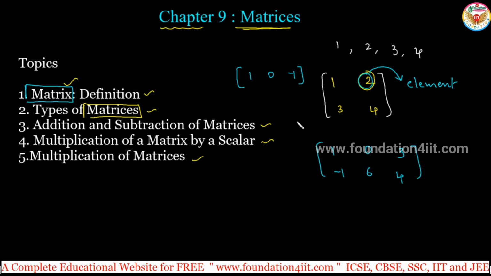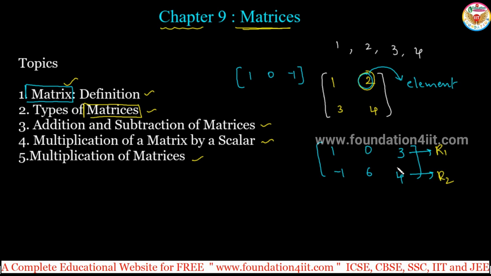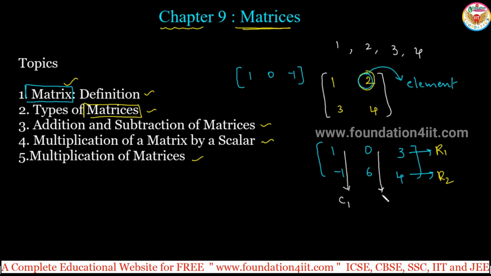In a matrix, the horizontal lines are called rows. So these two are rows, let's say R1 and R2, row 1 and row 2. And vertical lines are called columns. This is a vertical line. This is column 1, this is column 2 and column 3.